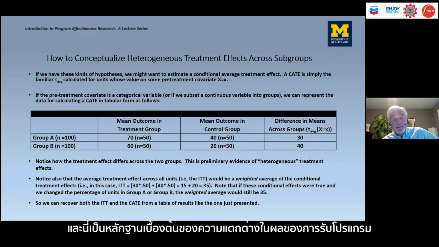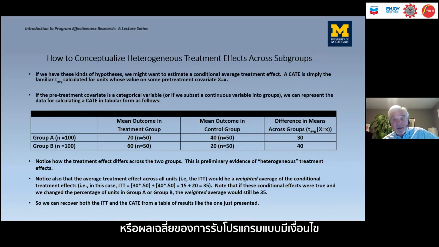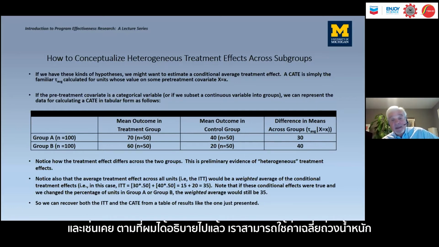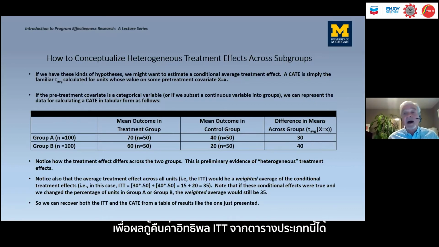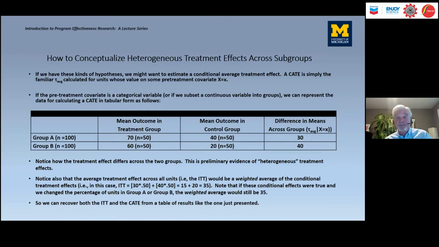And this is initial evidence of treatment effect heterogeneity, or of a conditional average treatment effect. And again, as I described there, weighted averages can be used to recover the ITT from this kind of table.